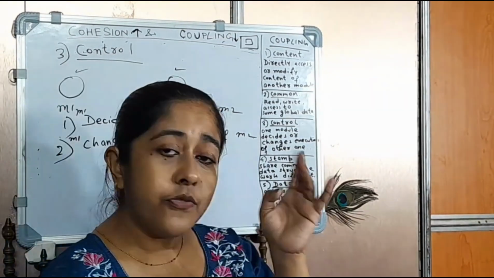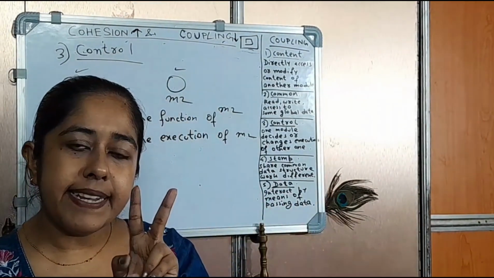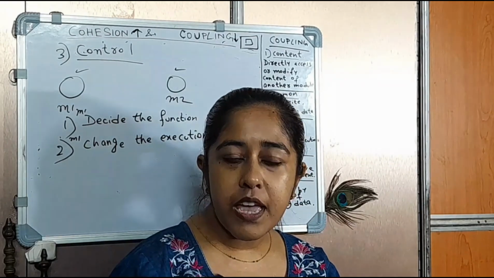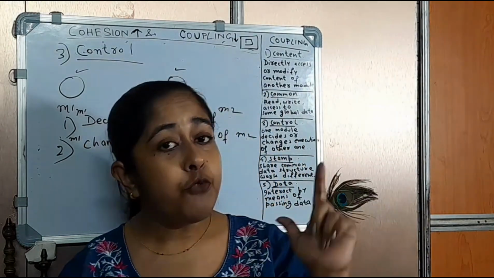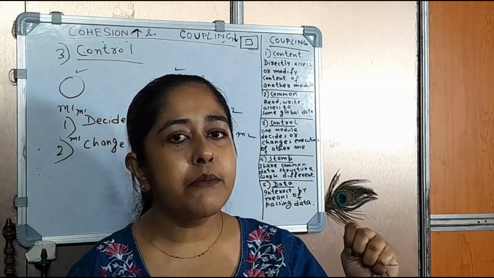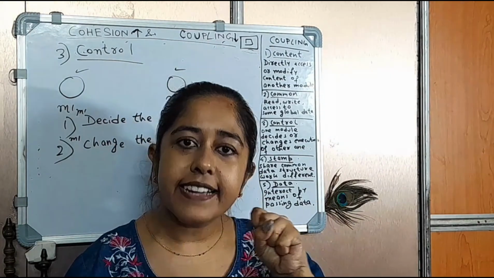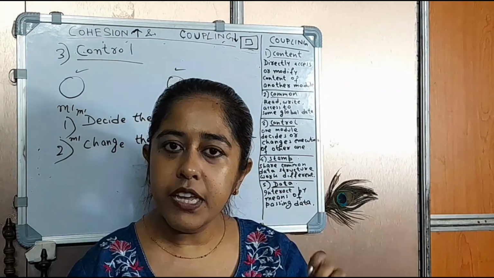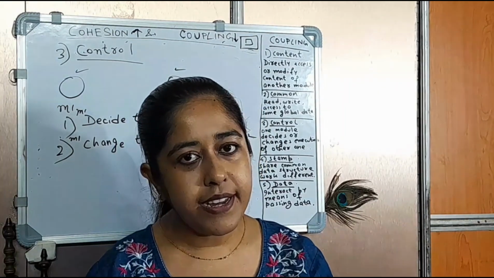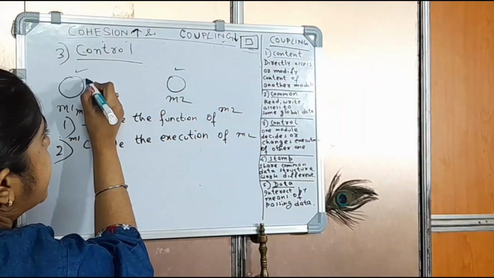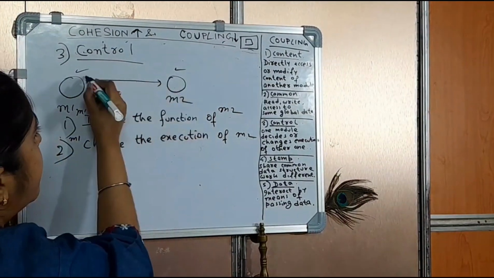So here we have to see 2 points. When we are having two particular modules, what is the name of the coupling? Control coupling. Control means it can take control of the decisions of the other module. Clear? Very simple. It can decide the function here or here.